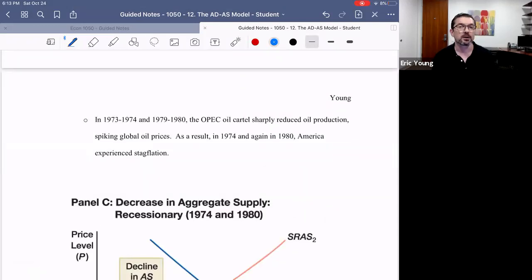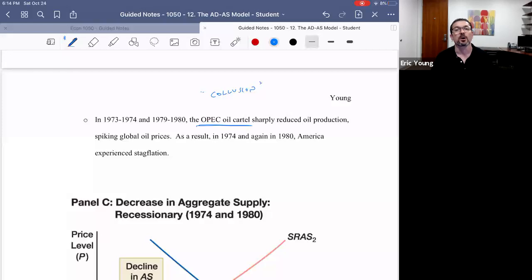This was tied in large part to the OPEC oil cartel. We'll study cartels more in our micro series, but long story short, the OPEC oil cartel was a group of nations that produce oil globally. They worked together. We call it in economic theory collusion.